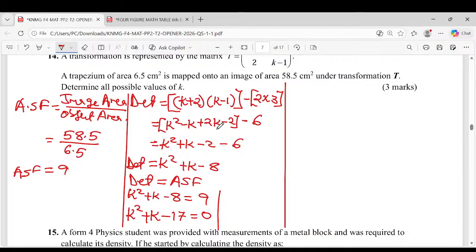Let me see. Give me a 9 on the other side. What about if I could have worked out that side and seen? They want the possible values of k.